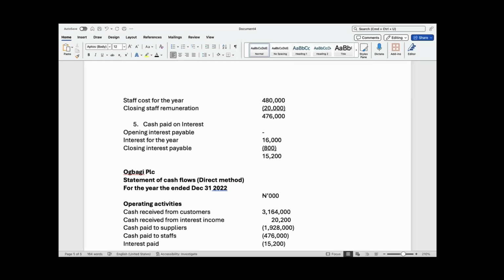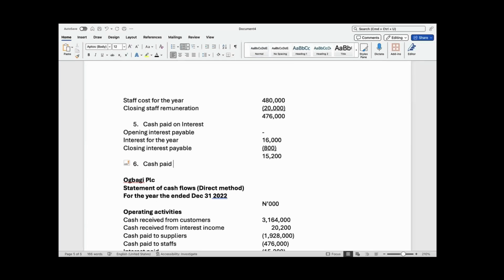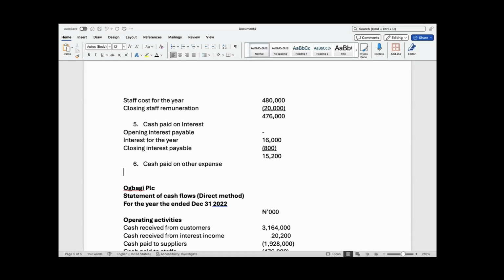You get the gist now. That's good. So cash paid on other expense. Opening other expense payable, I think it was 16,000 or what? I can't remember. Yeah, 12,000.